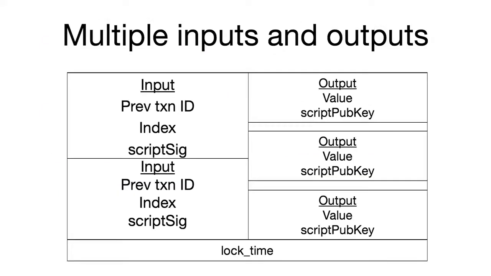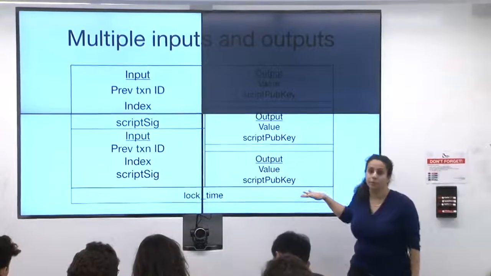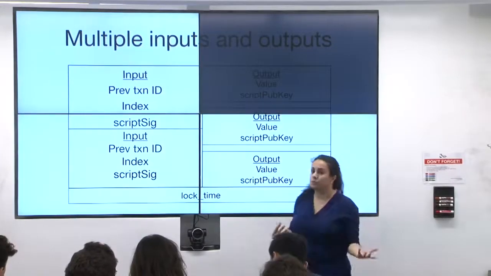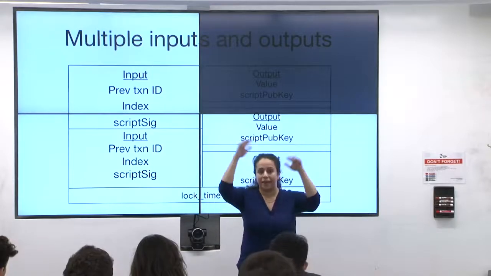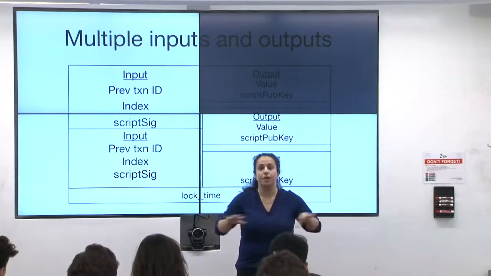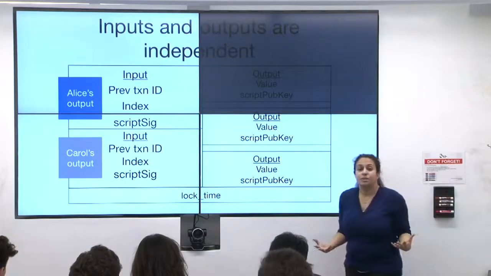Like I said, a transaction can have multiple inputs and multiple outputs, and each input comes with its own script SIG, and each output comes with its own script pub key. So it's not that there's one script SIG and one script pub key for the entire transaction. A transaction can actually spend multiple different outputs and produce multiple different new outputs, and these outputs could have nothing to do with each other.